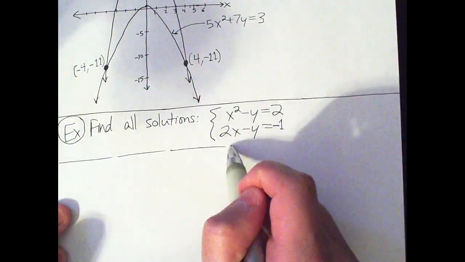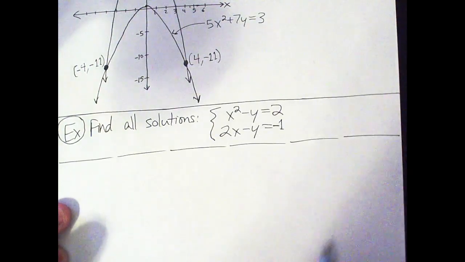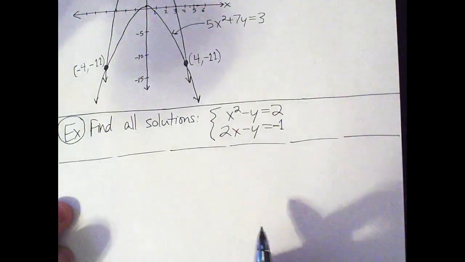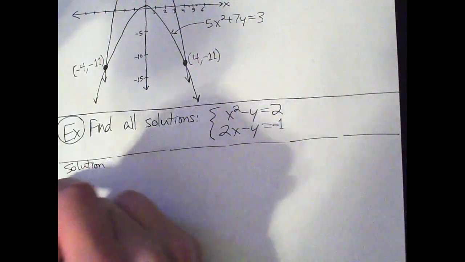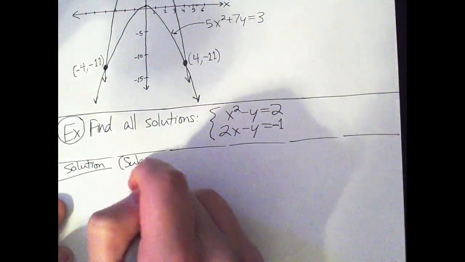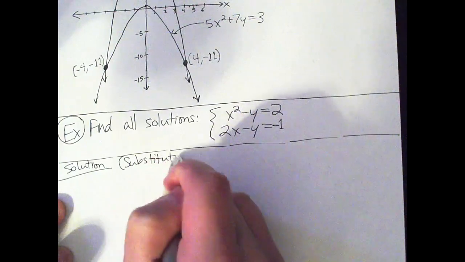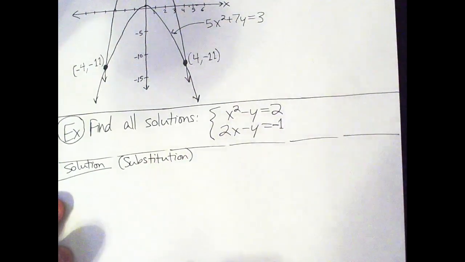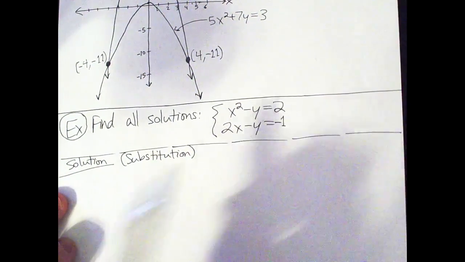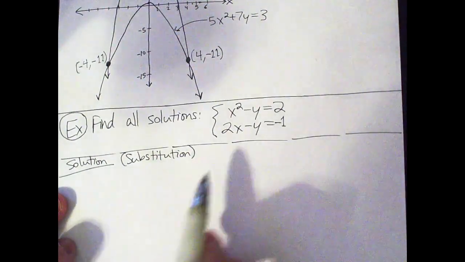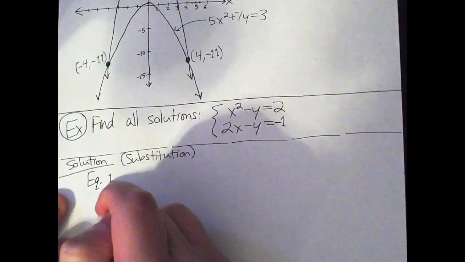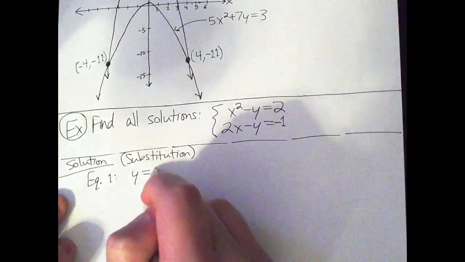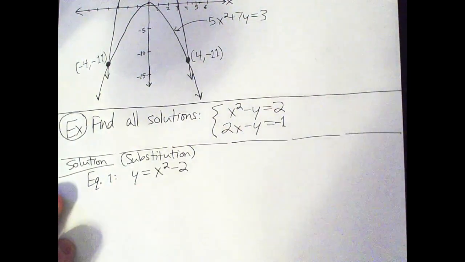So, between the substitution method, elimination, or graphing, I decided to use the substitution method. I looked at this and thought I could solve for y pretty easily, in terms of x. So from equation 1, y is x squared minus 2.